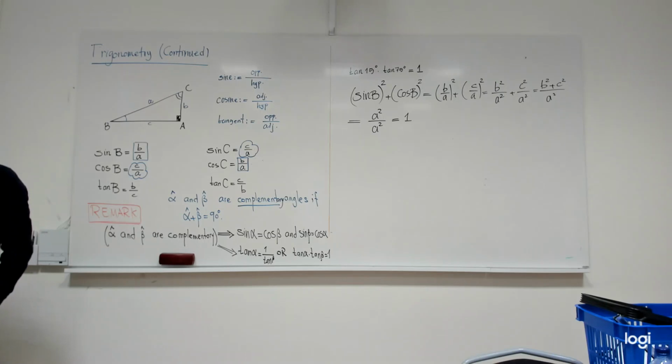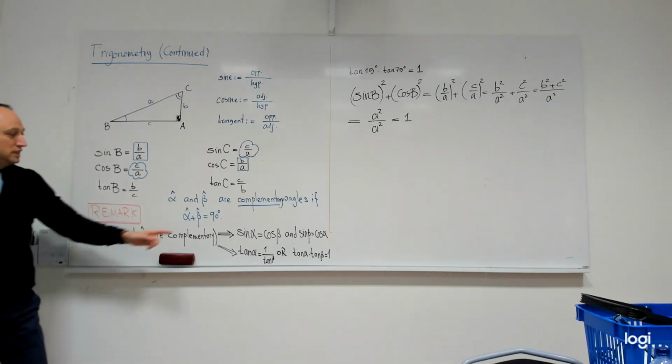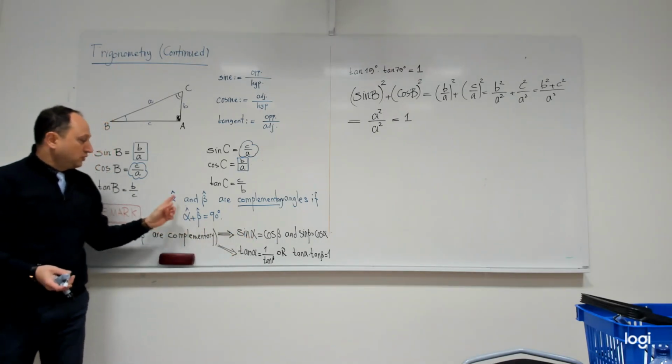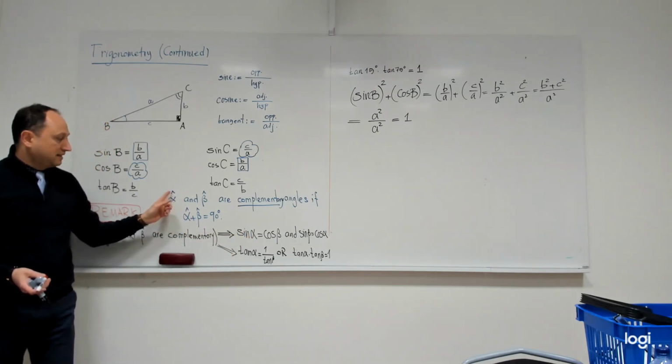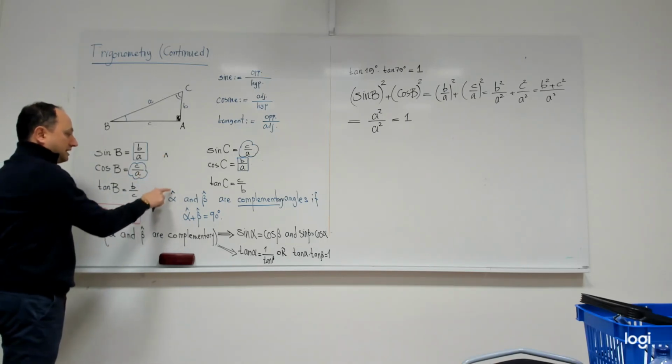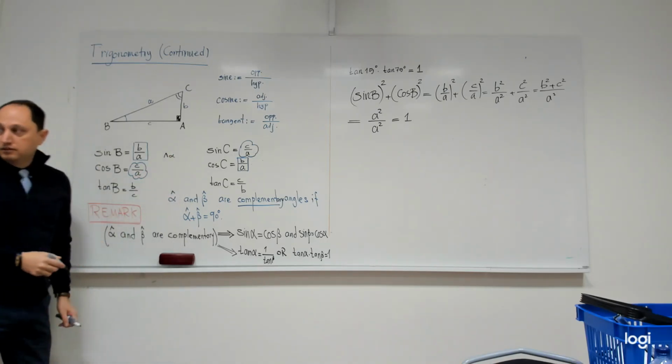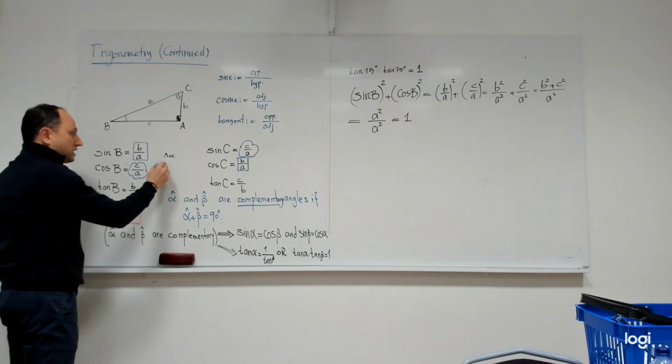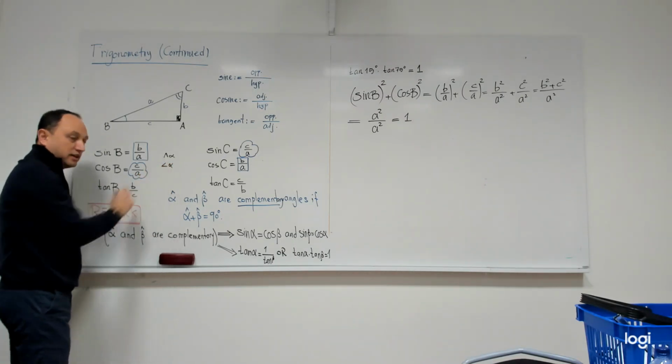Does that small hat on alpha and beta just mean that they're complementary? No. Hat means the angle. When you write sine alpha, you don't need to emphasize this hat. In Swedish books I have seen that people put the angle sign here, and in more standard books, they write it like that.